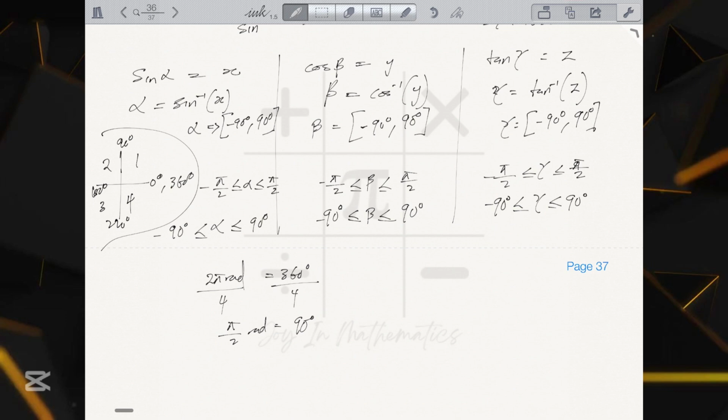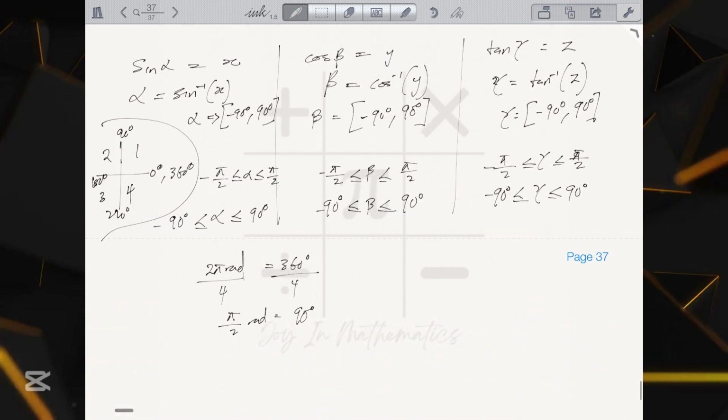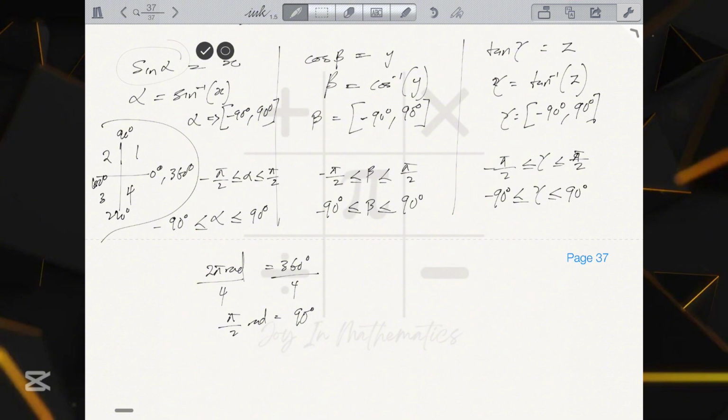Now, this is the concept we are using in inverse trigonometry. Where sine of an angle alpha is equal to a number, then when we are asked to evaluate the angle itself, it will be arc sine of the number or the result. Cosine of an angle beta is equal to the result y.